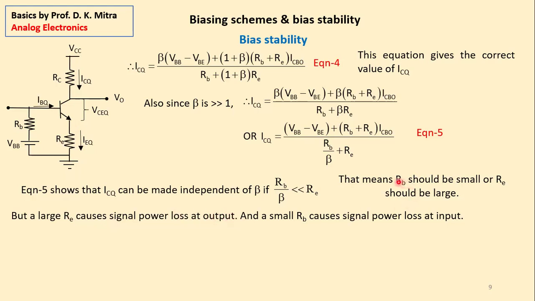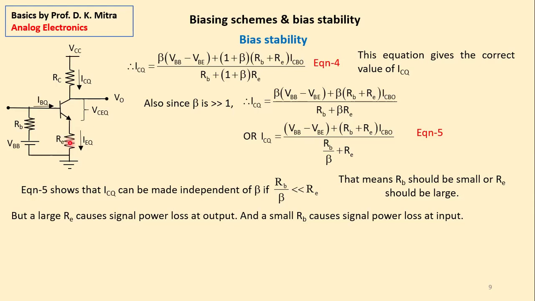And if we take small RB, then input signal power will flow through this, and there will be signal power loss at the input. So we are actually in a catch-22 situation. If we make RB small, then there is a signal power loss at the input. If we make RE large, then there is a signal power loss at the output. But we have to make RB small, RE large. How do we do it?